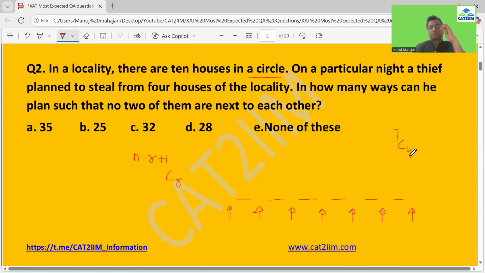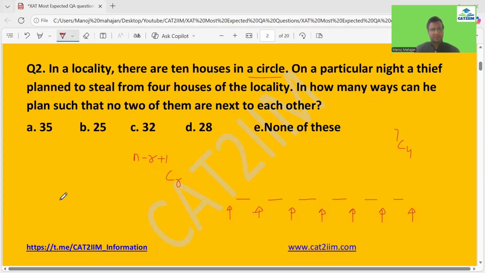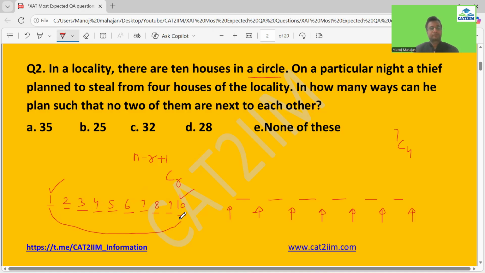So what we have to look over here is, we had, let's say, 10 houses again numbered in a row. What is the difference when it is in a circle? Let me have these numbered as 1 to 10. In this case, when you pick up the 4 houses and let's say you picked up house number 1 and house number 10, this would actually be consecutive because they're in a circle.